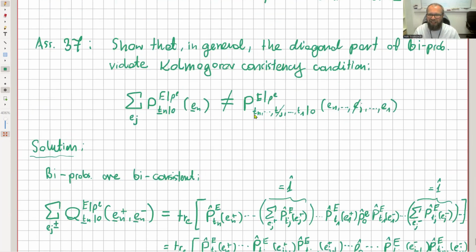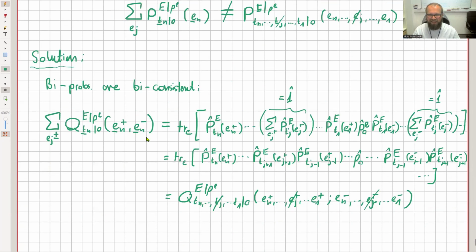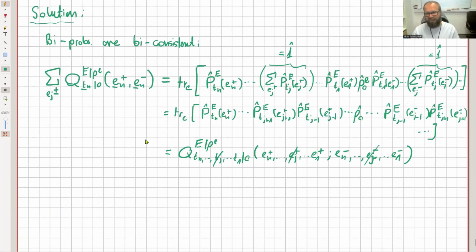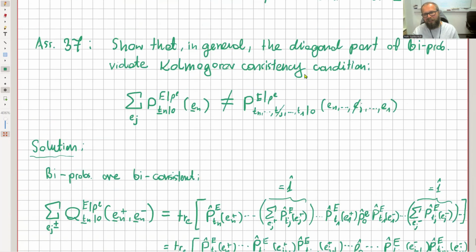So this is like Kolmogorov consistency, but for biprobabilities. So biconsistency. Okay, and this is actually an important feature, like the Kolmogorov consistency condition.